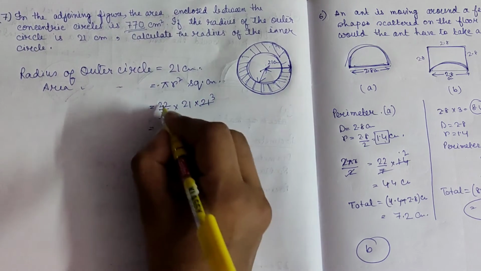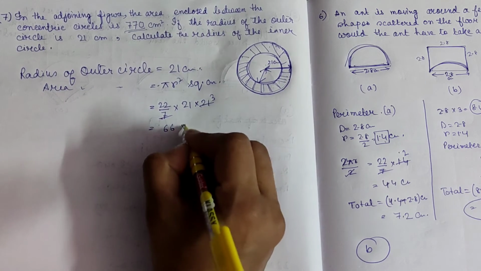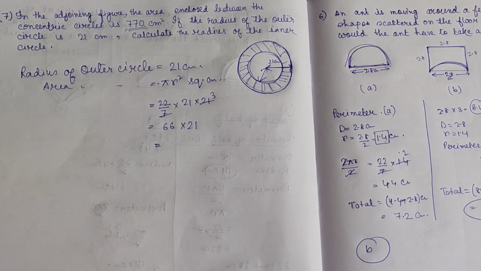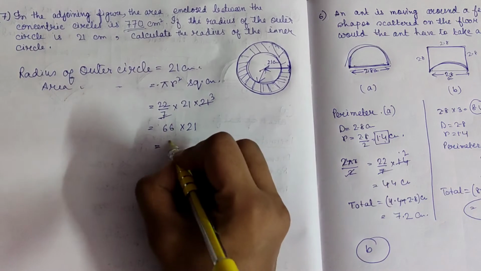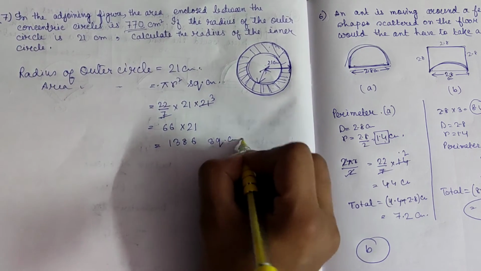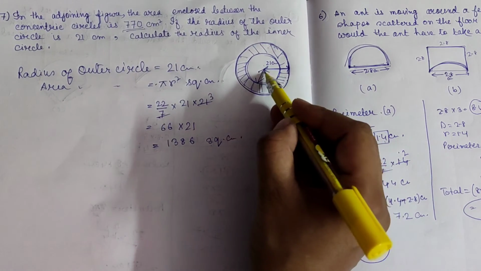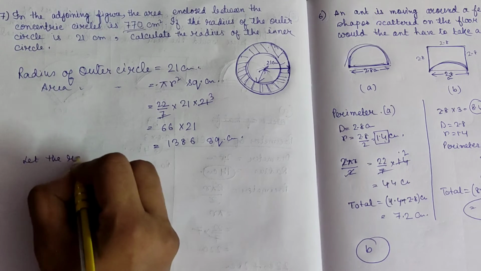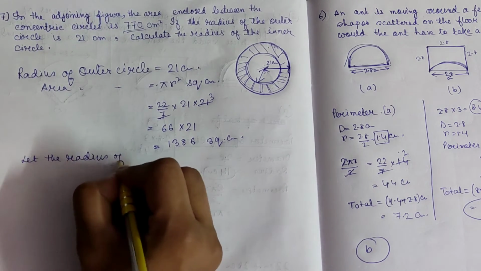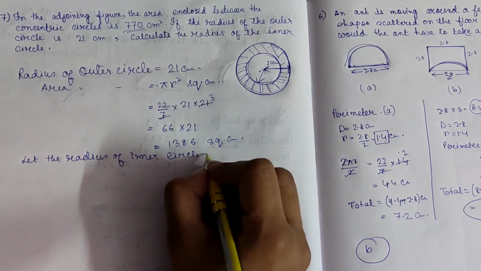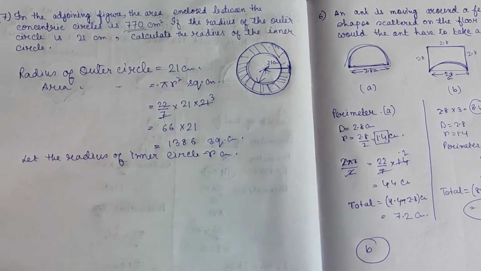Cancel 3. 22 into 3, 66 into 21. Let's multiply and write. So you do your multiplication. 66 into 21 is how much? 1386 square centimeter. But I really don't know the radius of this inner circle. Let the radius of the inner circle be r centimeter.